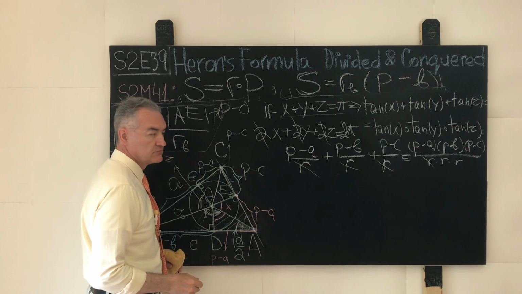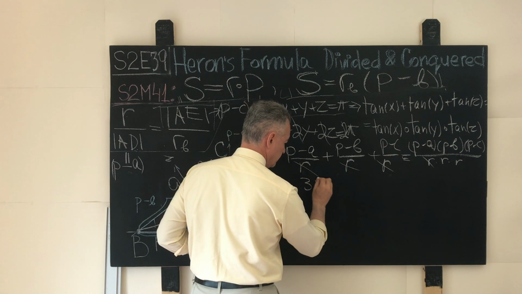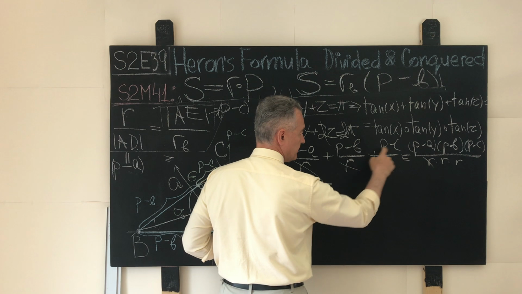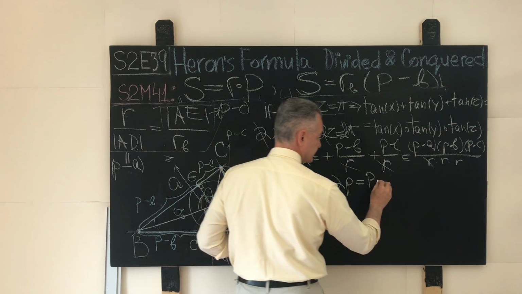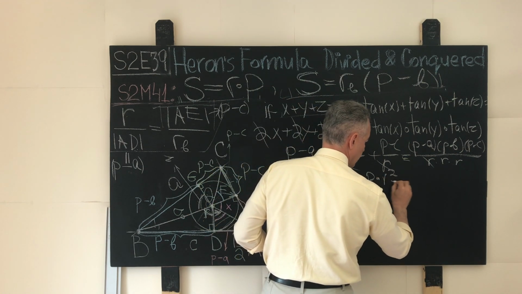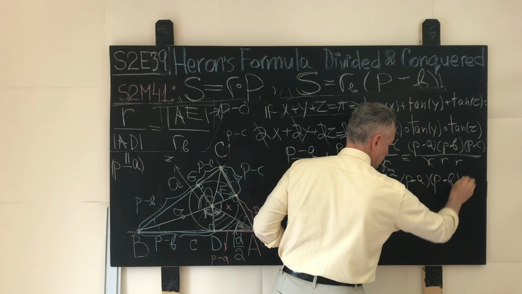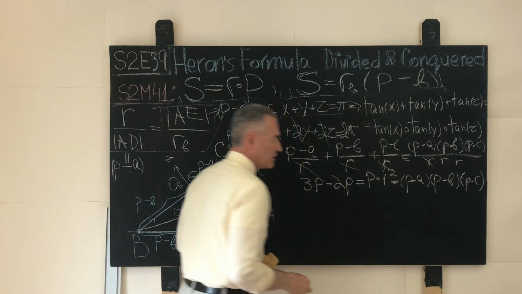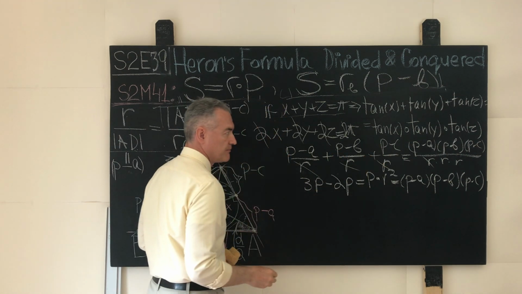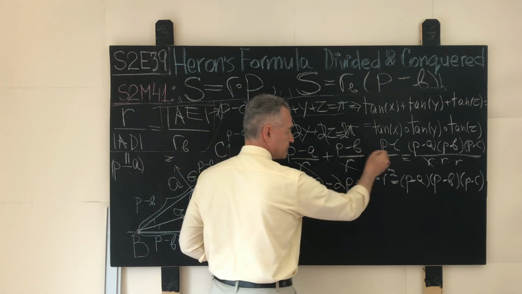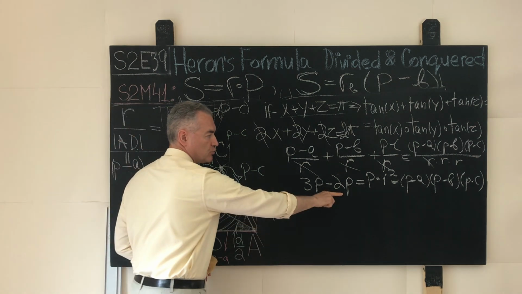And what do we have? Well, P plus P plus P will be 3P minus A minus B minus C minus 2P comes out to P, and this is times R squared equals our product P minus A, P minus B, P minus C. You see, that is how straightforward that is. 3 copies of the semi-perimeter, P minus 2 copies, minus A, minus B, minus C, so minus the sum of the lengths of the sides, twice the semi-perimeter, minus 2P, 1P.